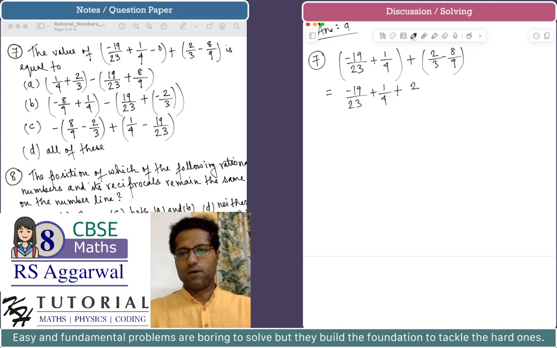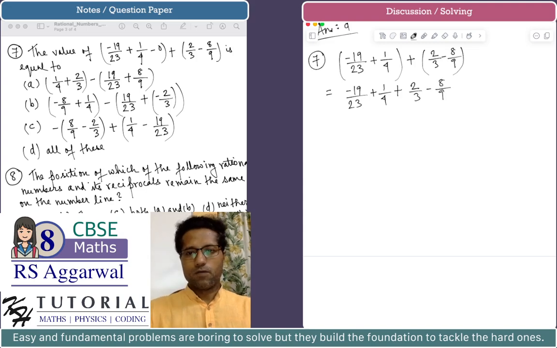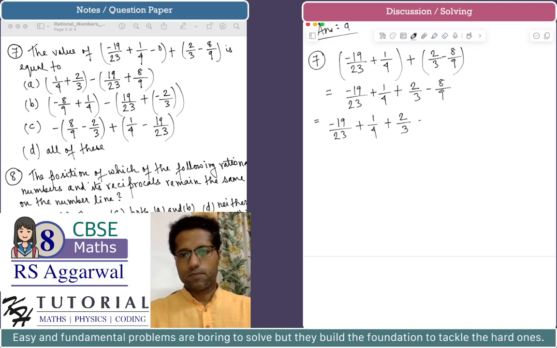So this will be 2 by 3 and minus 8 by 9. Now what is this actually? This is minus 19 by 23 plus 1 by 4 plus 2 by 3 plus minus 8 by 9.